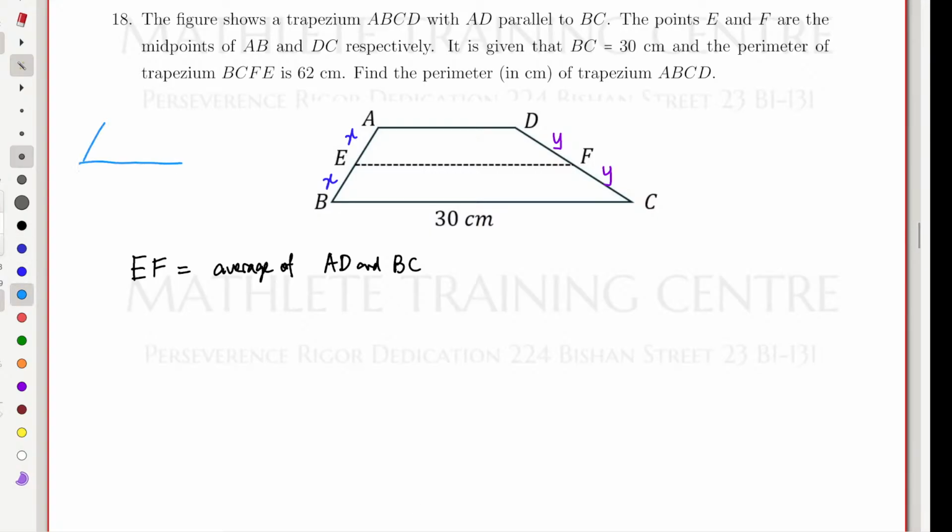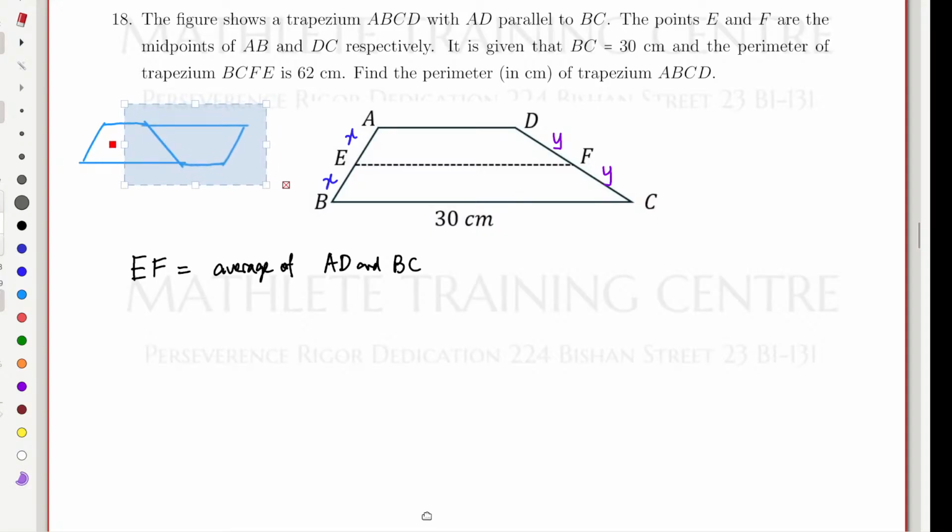For trapeziums, what do we know is that if I, okay, let me draw it a bit better. Just give me a while. Okay, I cannot connect this line. Okay, never mind. So what we can do to this trapezium is that I can make a copy of it and then flip it around. Okay, and I'll put the two trapeziums together.